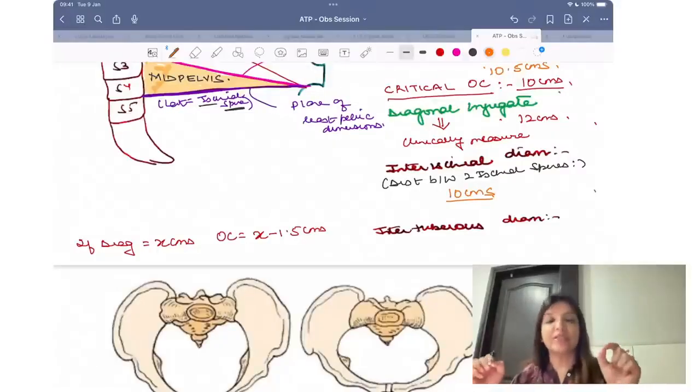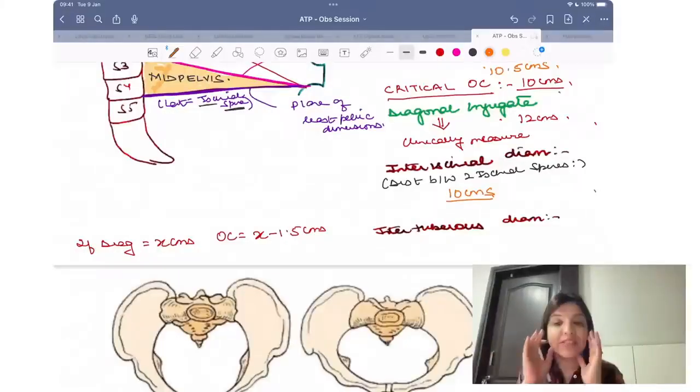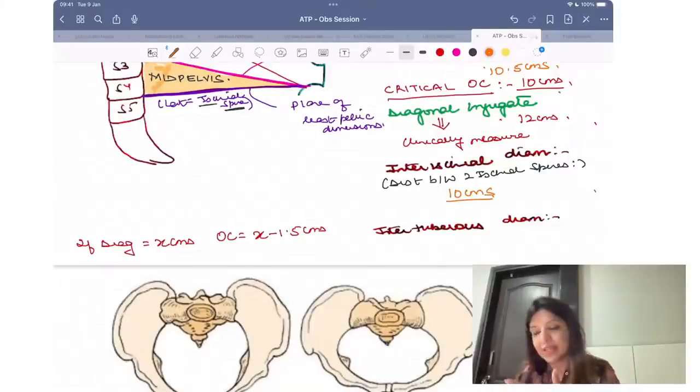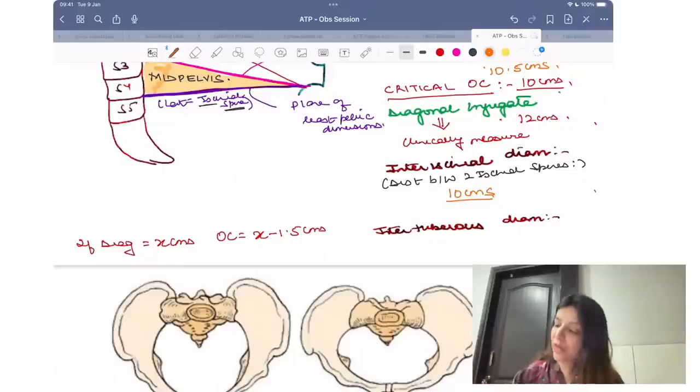Because the transverse diameter at the plane of least pelvic dimensions is the smallest in the entire pelvis. The distance between the two ischial spines is 10 centimeters. Even the obstetrical conjugate was 10.5. This can also be called the bispinous diameter, right? So this is 10 centimeters.